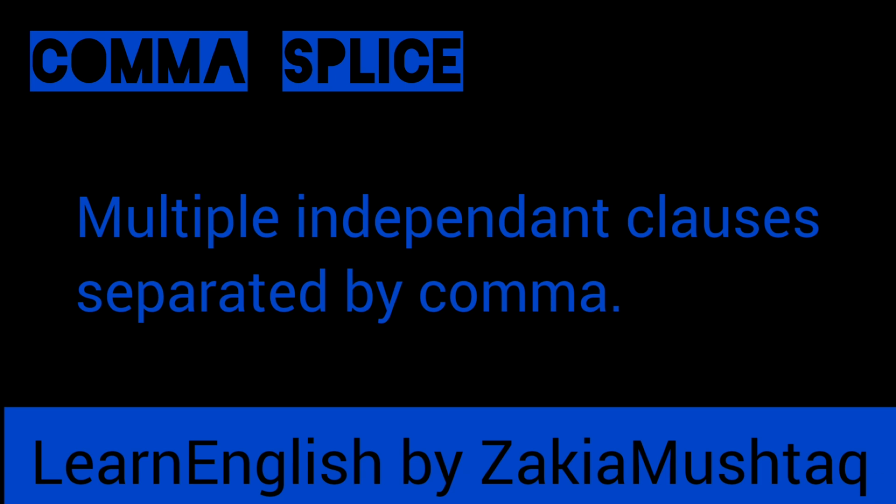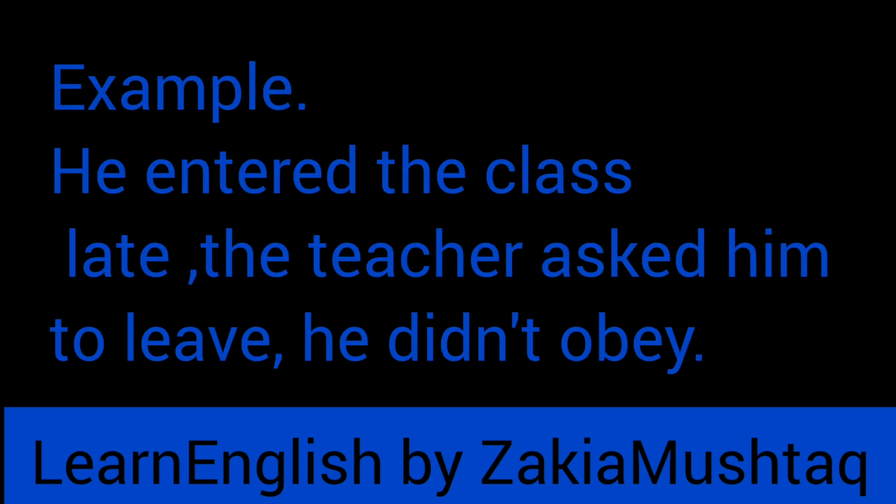Comma splice is an error when you write multiple independent clauses while separating them with a comma. Now अगर हम इसको रन ऑन से कंपेयर करें तो इसमें एक एरर तो आपने एक एलिमेंट जो है वो निकाल दिया. ही एंटर्ड द क्लास लेट, कॉमा, द टीचर आस्क्ड हिम टू लीव, कॉमा, ही डिडंट ओबे. राइट, आपने इंडिपेंडेंट क्लॉजेस को कॉमा से सेग्रीगेट तो कर दिया, उनकी जो लिमिटेशन है वो बता दी, बट व्हाट टाइप ऑफ कनेक्शन, कॉज एंड इफेक्ट है या किस तरह कंपैरिजन है, किस तरह का रिलेशनशिप है, वो फिर भी मिसिंग होता है.